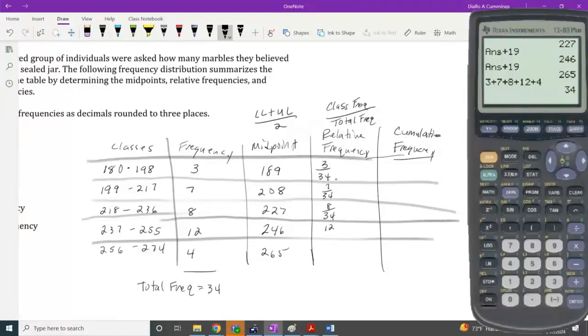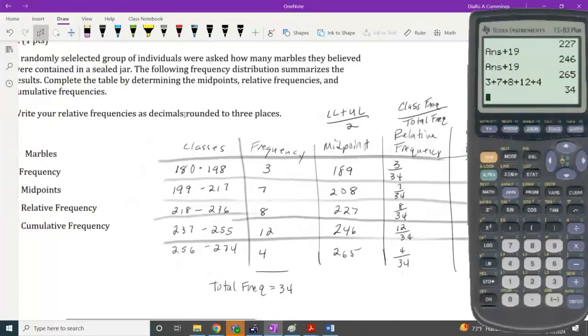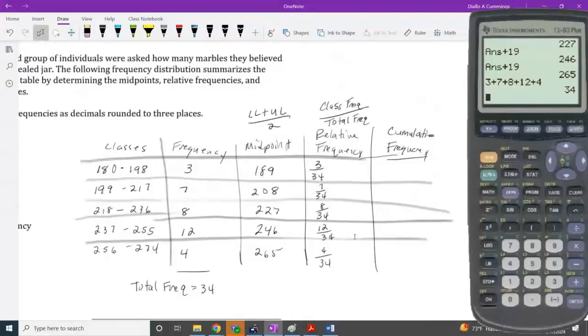The next is 8 over 34, 12 over 34, and then 4 over 34. I'm leaving these as fractions, but I believe in the problem they want you to answer as a decimal, rounded to 3 places. Just to save time, I'm putting these in as fractions. Any questions about that relative frequency?